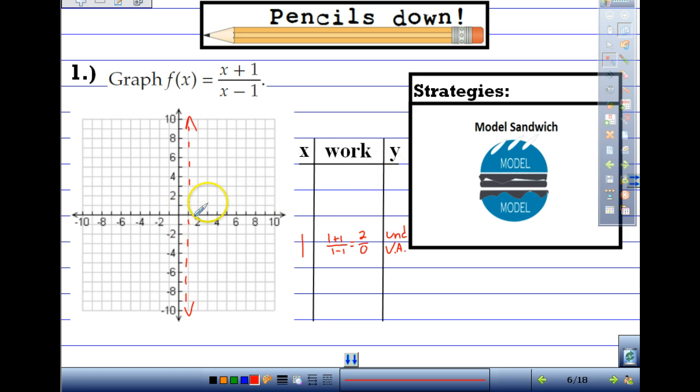Pick an easy number like 0, but also -4 and -8, so you can see what's going on in the whole graph, not just right around the asymptote. Same thing on the other side. We can pick maybe 2, and then 4 and 8 as well. That'll show what's going on in the entire graph, not just the little part right next to our vertical asymptote.